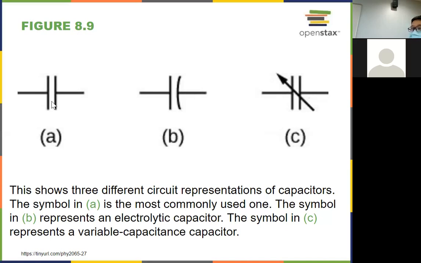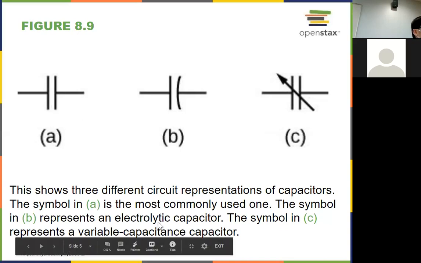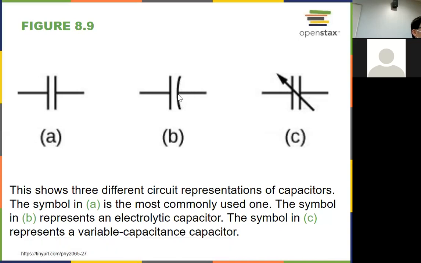An electrolytic capacitor is slightly different, with a curve on one of the lines. If you have a variable capacitor, where the capacitance can change, then you put an arrow on it.